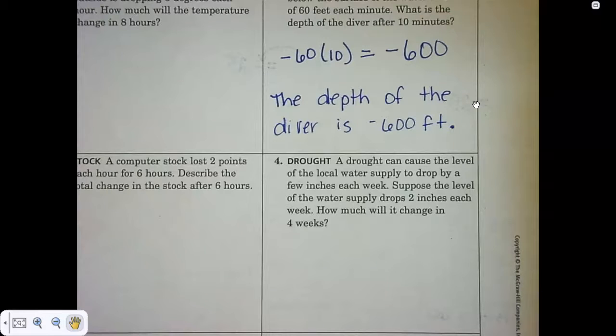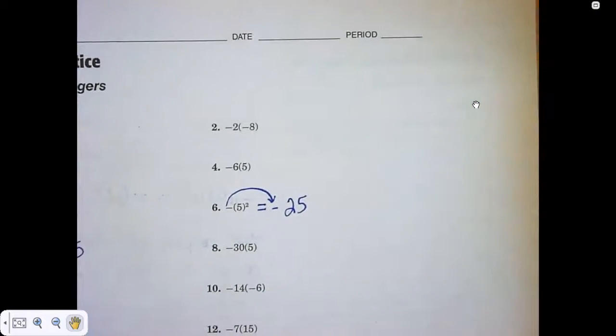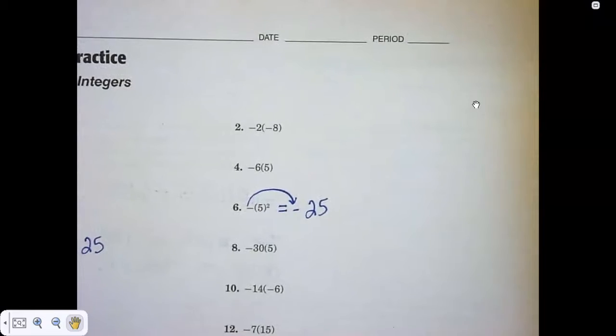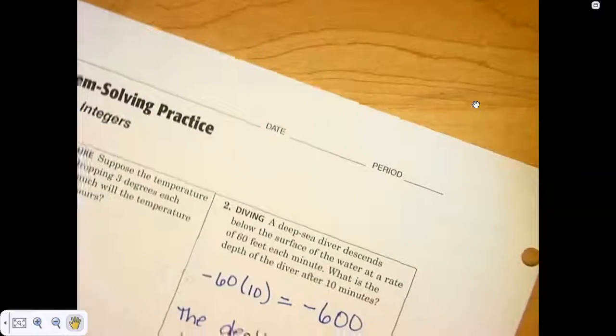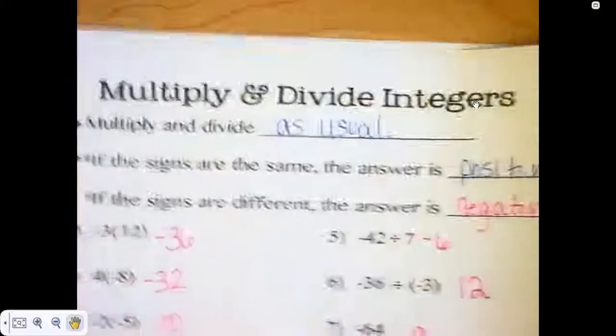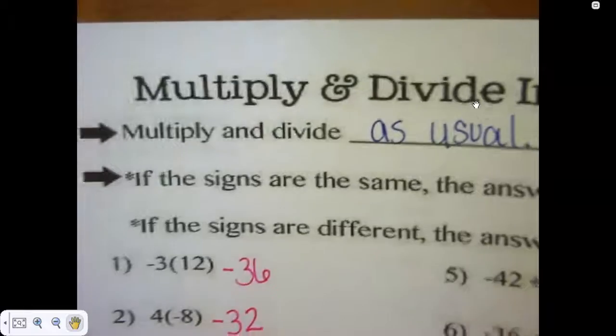Do you have any questions before we let you work on this? Okay. All right, so you are going to work on the skills practice front and back. If you need a multiplication chart, Mrs. Bent has those. And then after you get your skills practice checked, or before you leave, we're going to punch holes in them, and you're going to put these in your math notebook, just in the back, so that you have these at home.